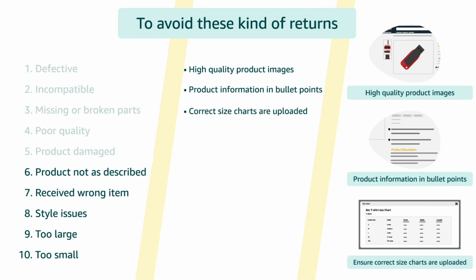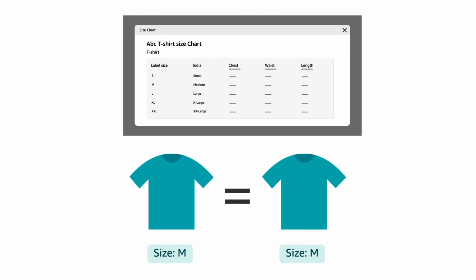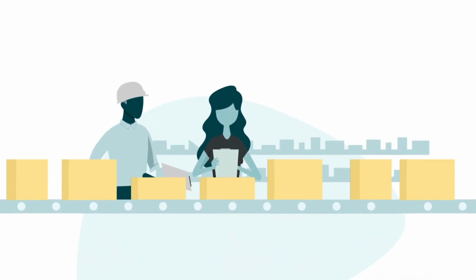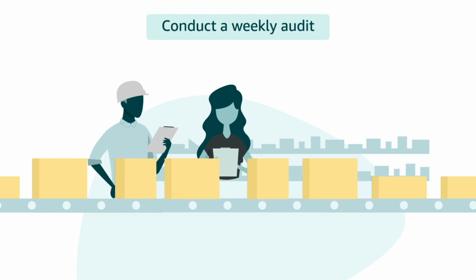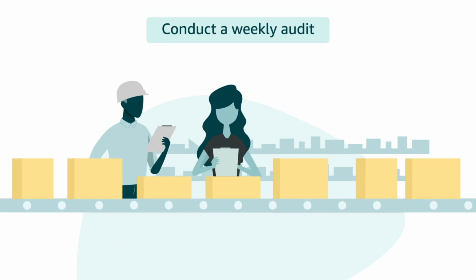Ensure correct size charts are uploaded for all subcategories in the apparel category on the display page and ensure the actual product measurements match the manufacturer's measurements. This will ensure reduction in returns due to size mismatch. In addition to this, please try to conduct a weekly audit to ensure the return rates are well within control.